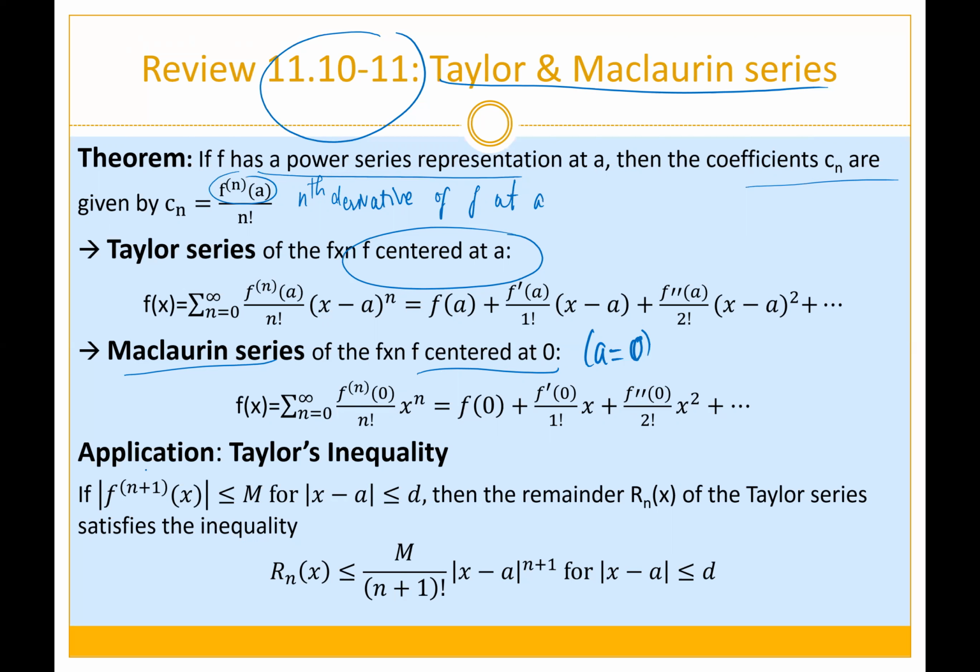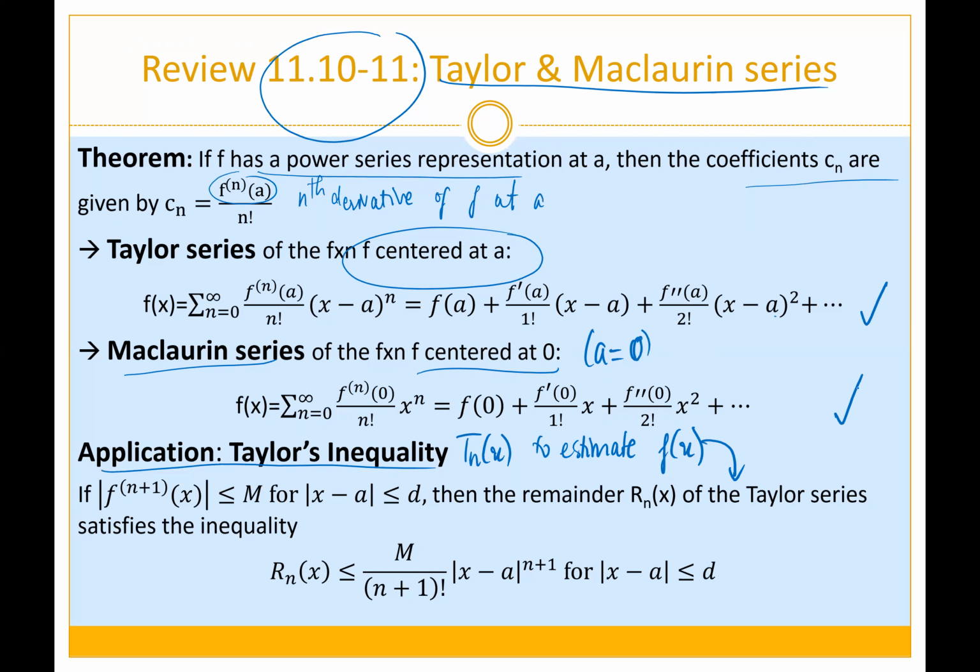Now you have the application of Taylor's inequality. When you use, say, Tn of x to approximate f of x, this is the error related to that. Finding Tn of x, say T fourth of x, is really easy, just using the two formulas I just mentioned.